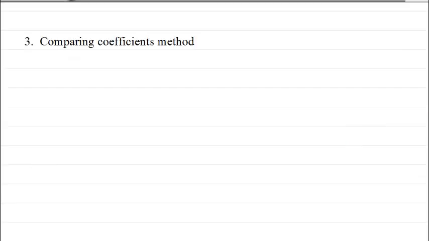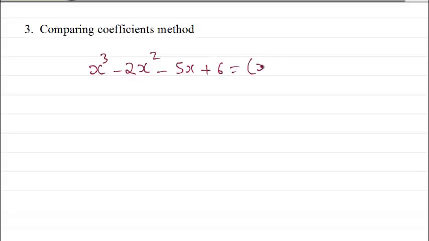Now we can use the third method, comparing coefficients. So here's x cubed minus 2x squared minus 5x plus 6, which is equal to the divisor x minus 1 times our answer, and we know our answer is going to be quadratic, so it's ax squared plus bx plus c.